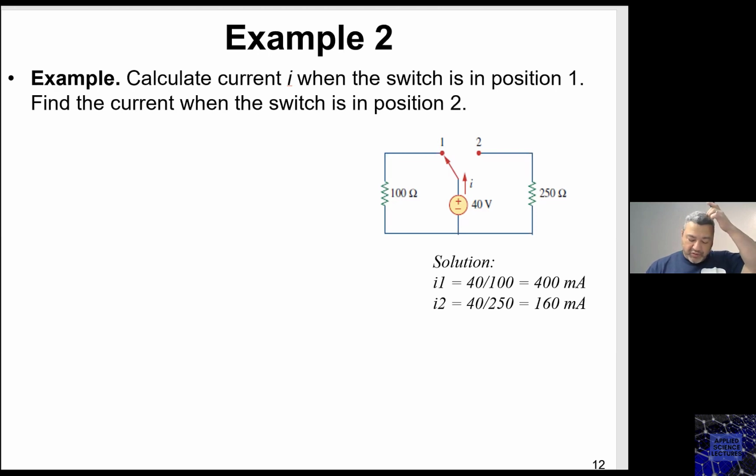Something that you always need to keep in mind is that whenever you have a switch, you need to redraw the circuit, because the location of the switch defines the circuit. Any change in the circuit by moving a switch will basically change the whole circuit.